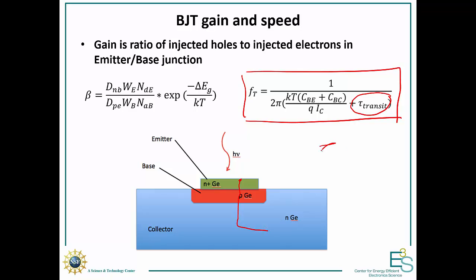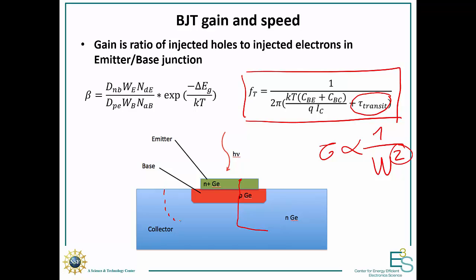So your transit time is mostly going to be inversely proportional to your diffusion, inversely proportional mostly to the square, actually, of your base length, because it's a diffusion process, so there's a square here.